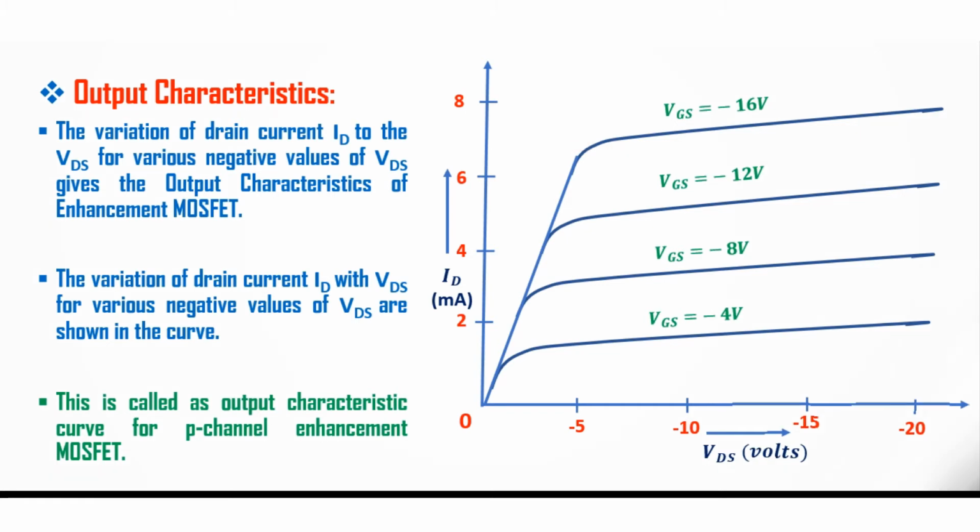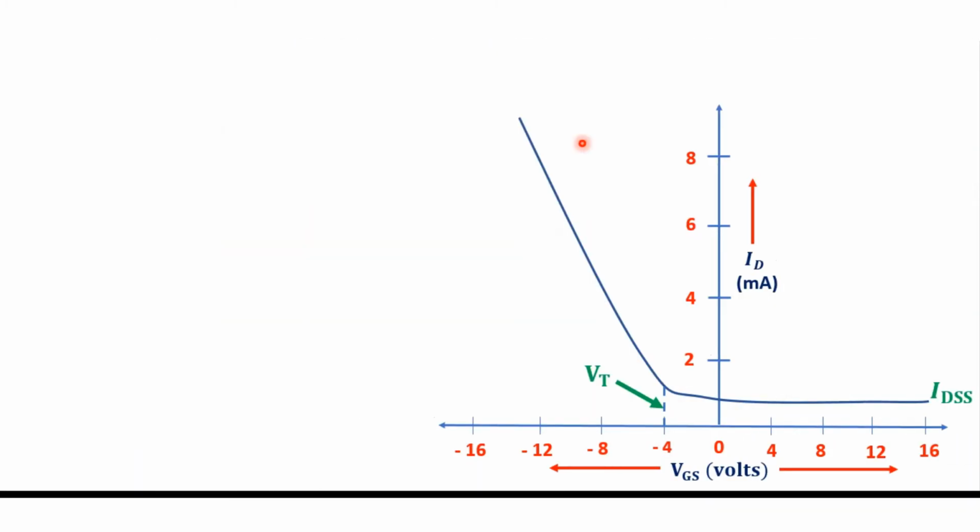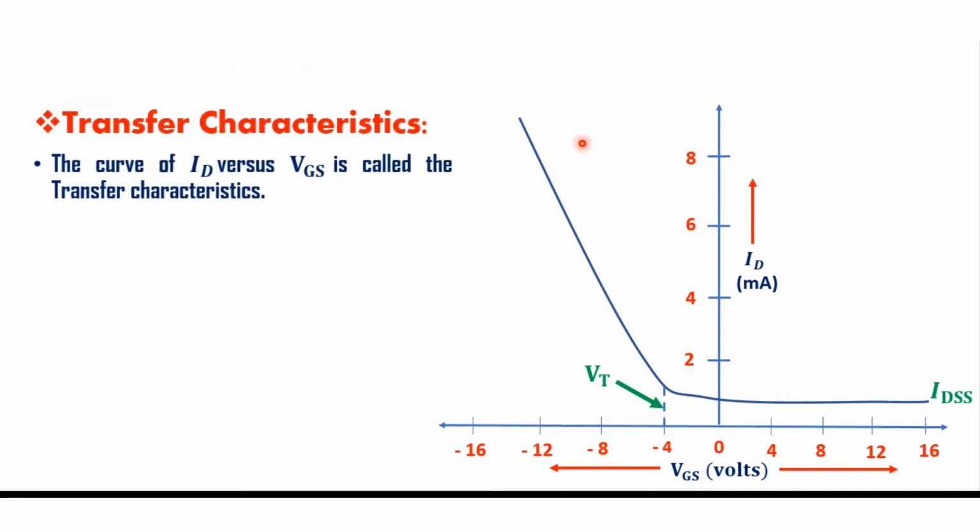Now let us move on to the next one, the transfer characteristics. What are the transfer characteristics? If you look at this figure, on the x-axis we have taken gate to source voltage, and on the y-axis we have taken drain current. The curve of drain current versus gate to source voltage is what we call the transfer characteristics.